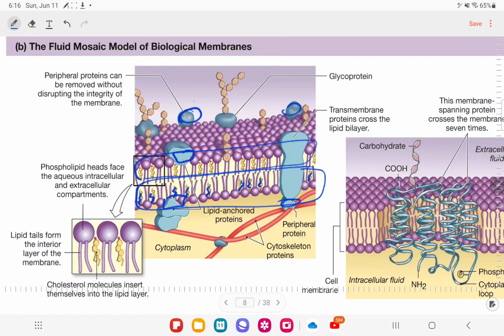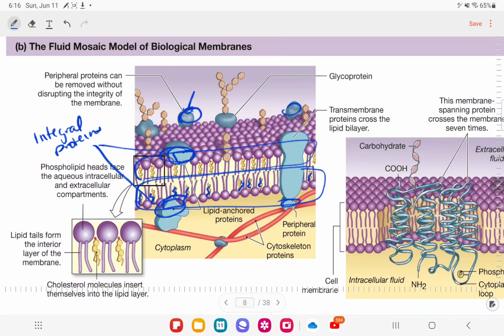The peripheral proteins can be removed without disrupting the integrity of the membrane. But these integral proteins, like this one and this one right here, are going to be hard to get out of the membrane. So you're going to disrupt the integrity of that membrane to get this protein out.